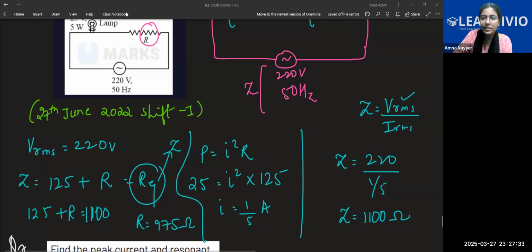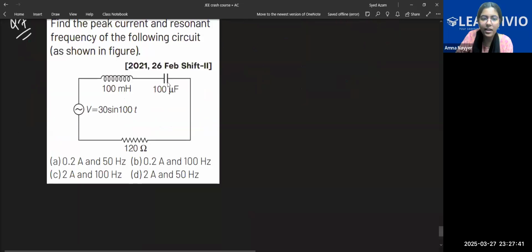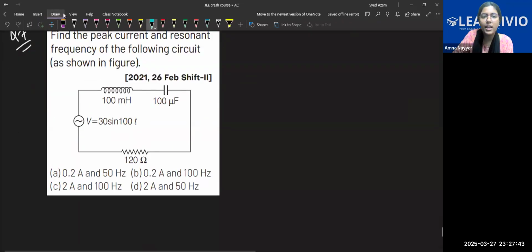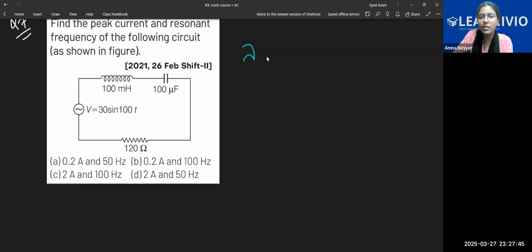Okay, this is the last question, question 7. This says find the peak current and resonant frequency of the following. Resonant frequency has one simple formula, 1 by 2 pi, 1 by under root LC. So this will be 2 into 3.14, 1 by.